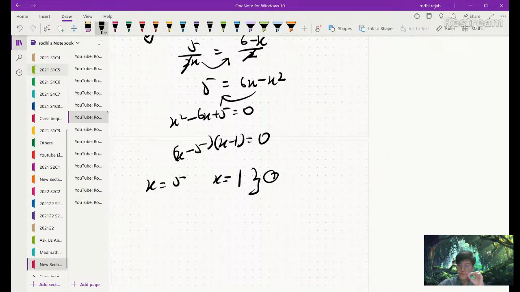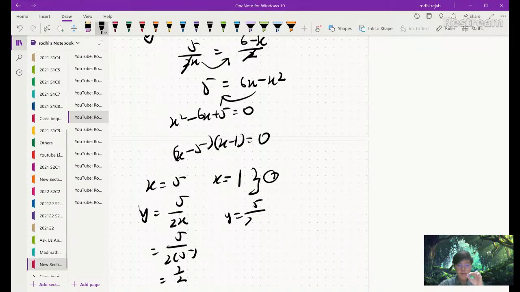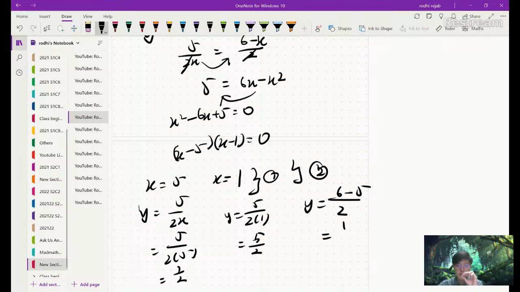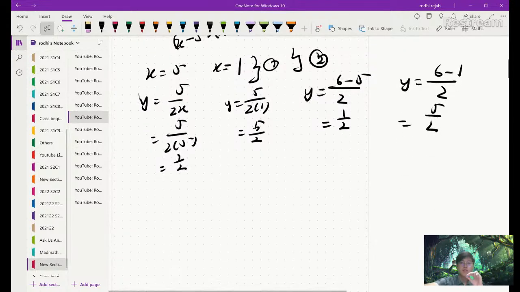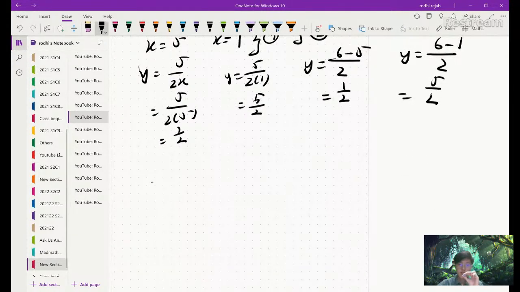Let's say we substitute into equation 1, which is y equals 5 over 2x. 5 over 2 times 5 will be 1 over 2, and then 5 over 2 will be 5 over 2 as well. If you want to substitute into equation 2, you will get the same answers. So let's try substituting into the second equation. 6 minus 5 over 2 will get 1 over 2, and then 6 minus 1 over 2 will get 5 over 2. We get the same answers, which means that we now have the two intersection points.